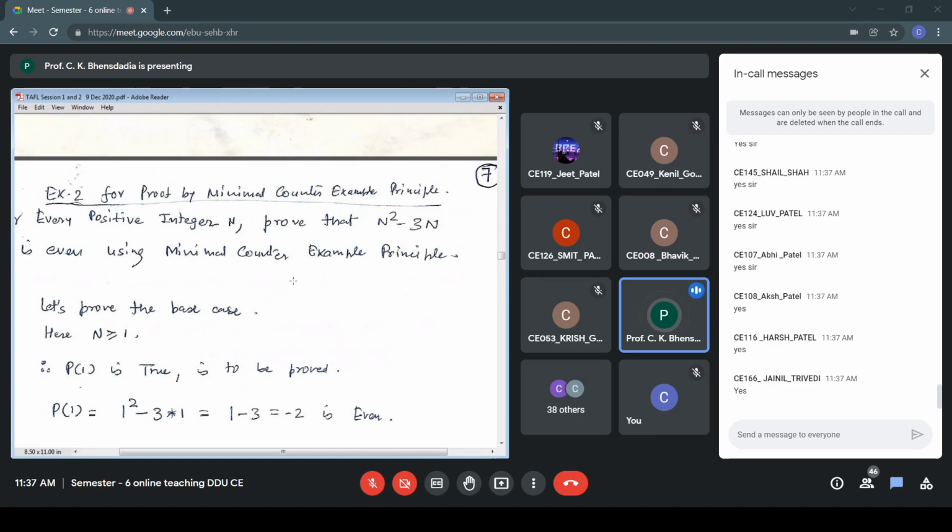Now in the case of PMI, we assume that for any value of n equal to k, the statement is true. We specify k greater than or equal to some range; the range of k is the same as the range of n. Then we prove P of k plus 1. Whereas here, we assume that for n equal to k the statement is false.